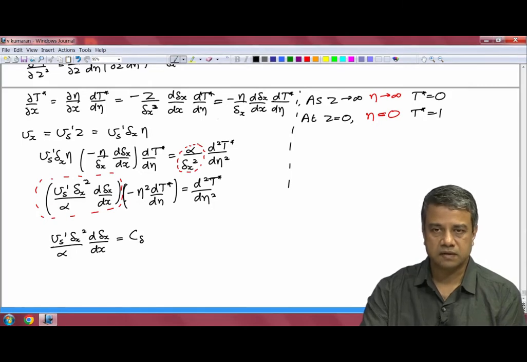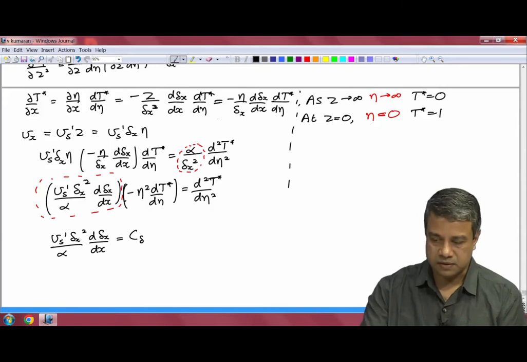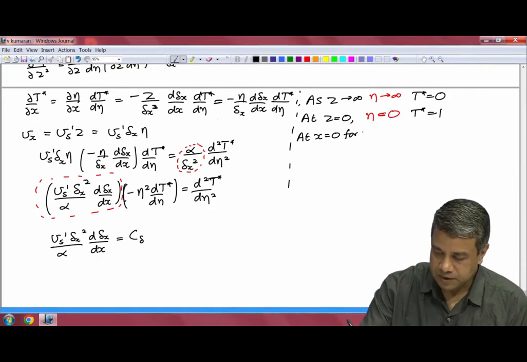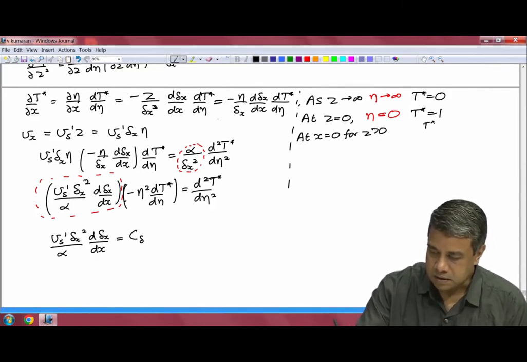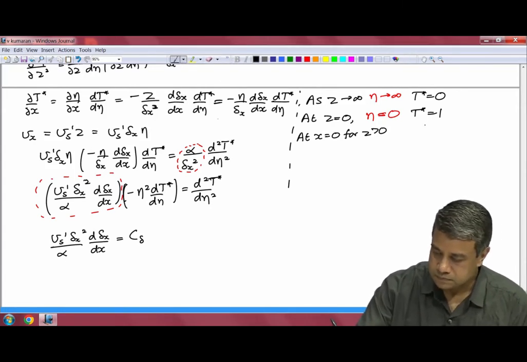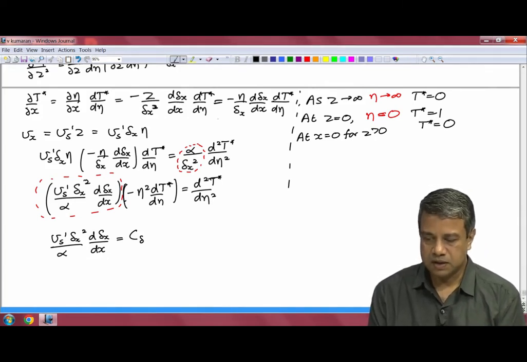Therefore, the temperature should be the undisturbed temperature T infinity, or T star is equal to 0, at x equal to 0 for z greater than 0. What does this correspond to?